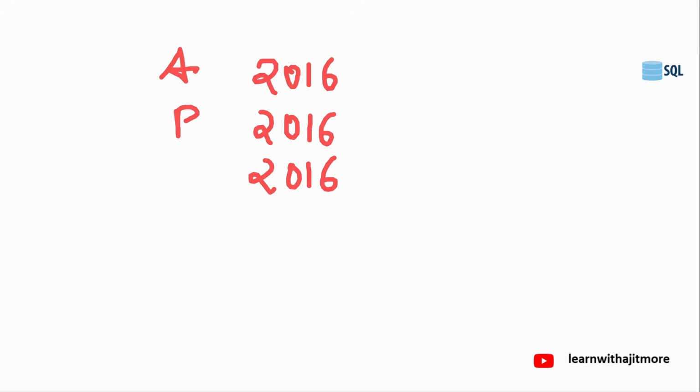One group is created for 2016: 16, 16, 16. Here Alice is there, Bob is there, and John is there, with whatever sale they have done. Suppose 5 lakh, 7 lakh, 8 lakh. Now the sum of these three is 20.